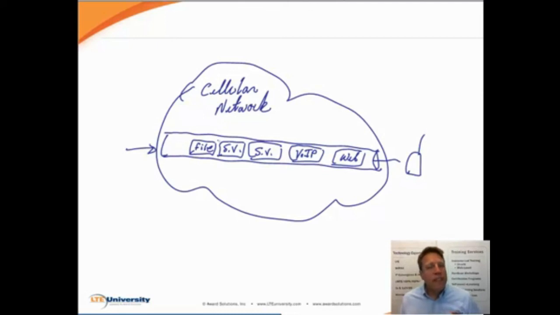All right, so currently, the cellular network handles this traffic with what we call a best effort approach. And what this means is it's sort of a first in, first come, first serve type of approach. The cellular network says, if data comes in, I'll do my best to try to get it out to you in a timely manner. But this works a fair amount, and you may have even tried using some sort of voice over IP over a cellular network, and you had reasonable results with it.